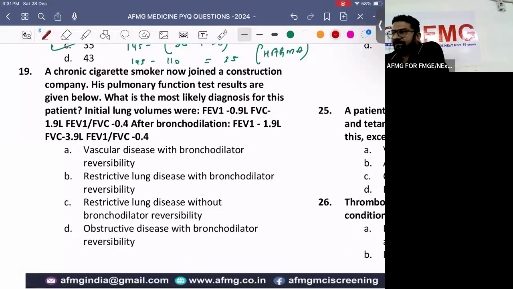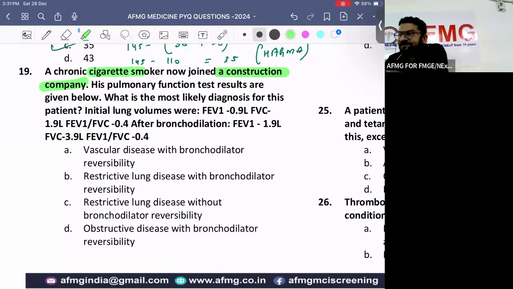Try to answer. Your turn. बताओ. क्या आंसर होगा? Okay, so let's see. A chronic cigarette smoker now joined a construction company. So her answer she is telling construction company दिया है इसलिए restrictive lung disease, right?